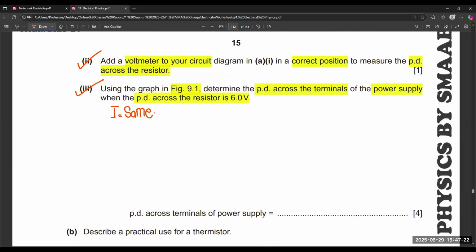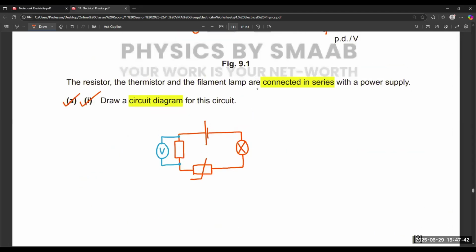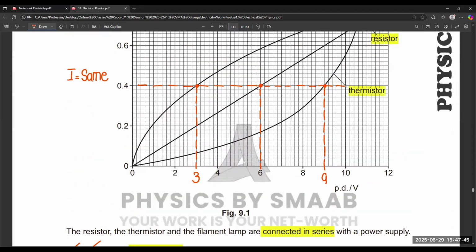So the current is the same and the value of current is 0.4 ampere from the graphical representation. If you want, you can do mathematical calculation to find the individual voltages and finally add them. Otherwise, from the graph, you can also find the value directly. So you don't need to perform calculations, and you can simply find the value from the graphical representation very easily.